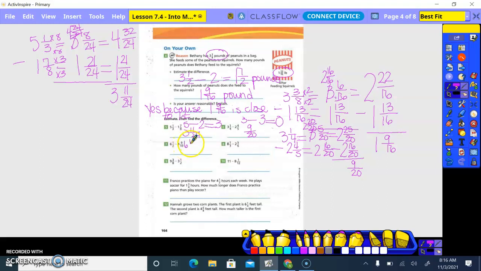6.5. You can just keep it, right? Minus what?